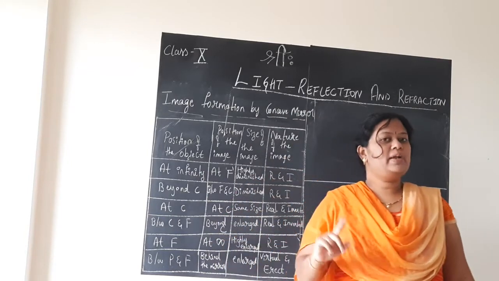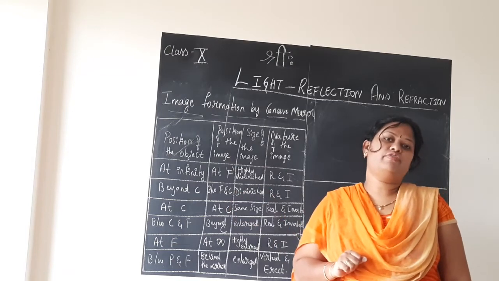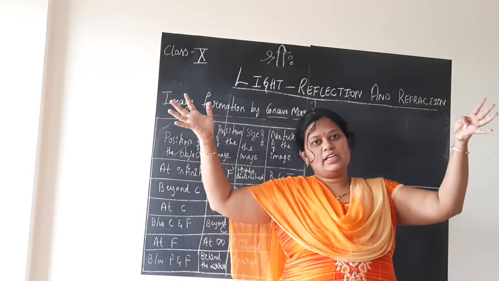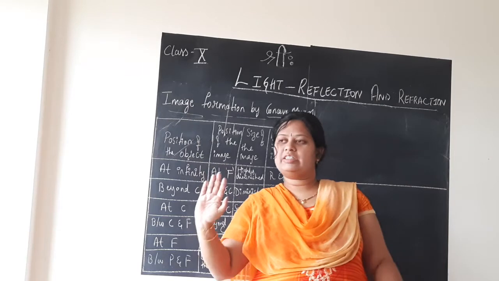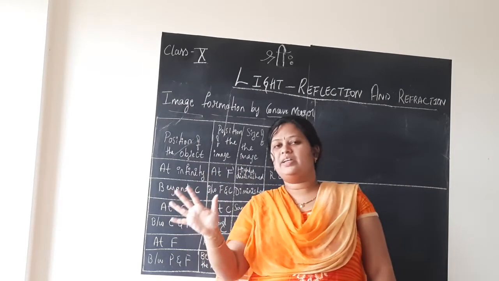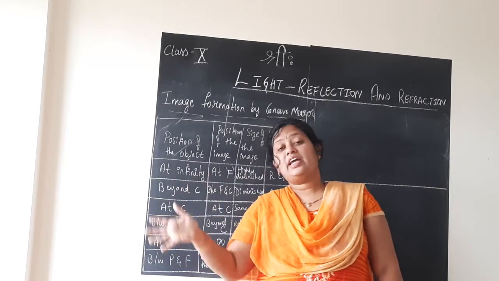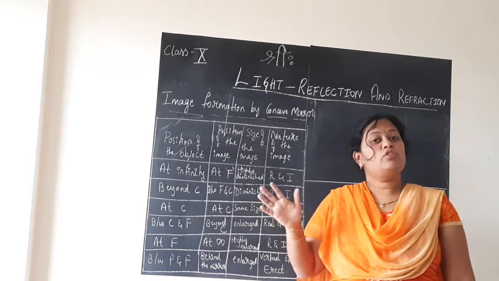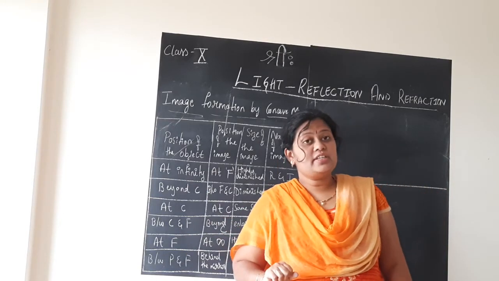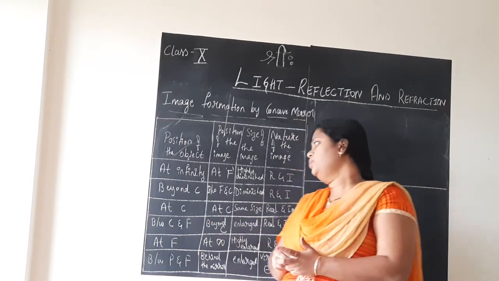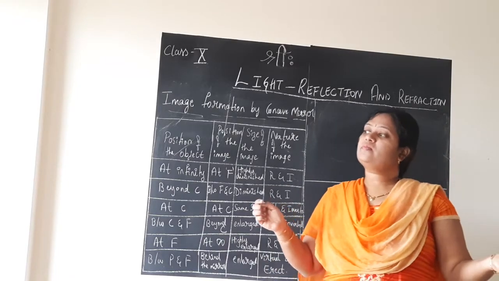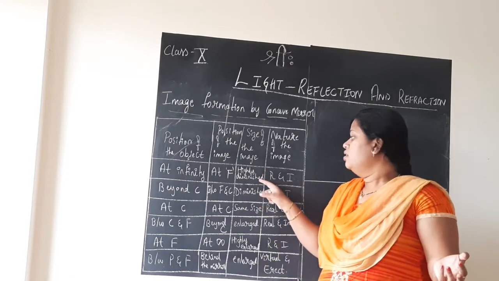And one more example I gave you about the rear view mirror of your vehicles. Though the lorry is big in size, the whole lorry is visible in the rear view mirror of your vehicle. So don't you think it is a diminished image? Yes.